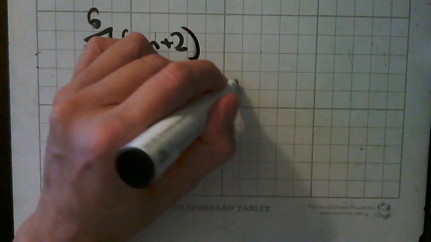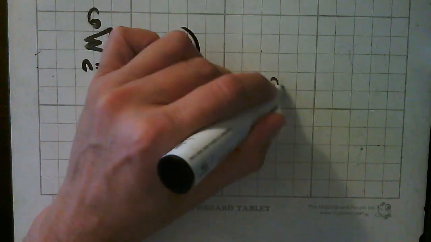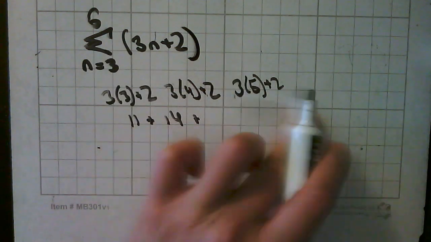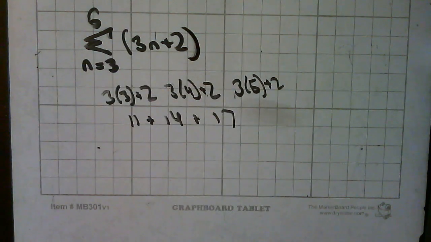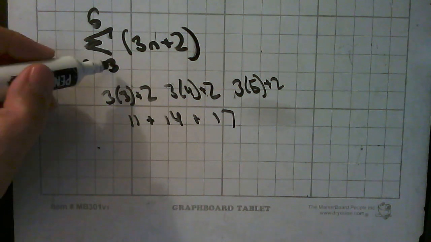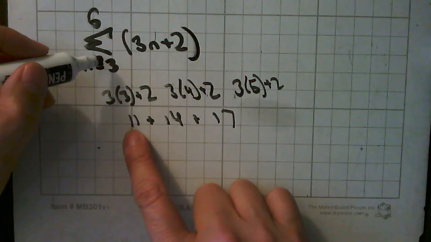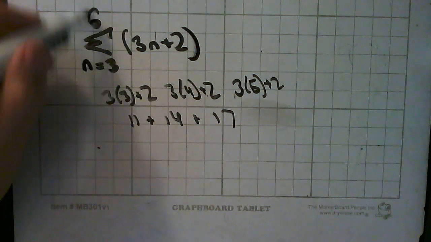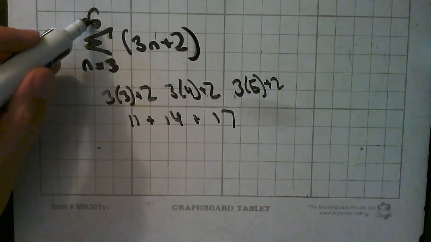Your next term is going to be 5 now. So we got 3 times 5 plus 2. This is 15 plus 2, which is 17. So that's our third term. So we got 3 plugged in, 4 plugged in, 5 plugged in. This tells us our last one plugged in, we're going to go 6. So we're going from 3 all the way to 6.